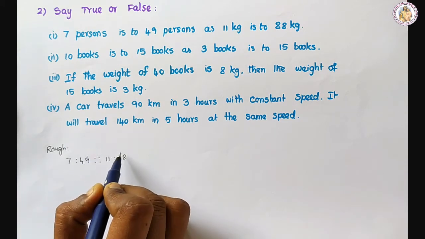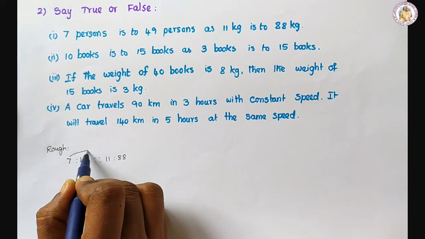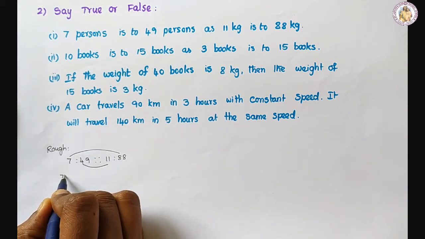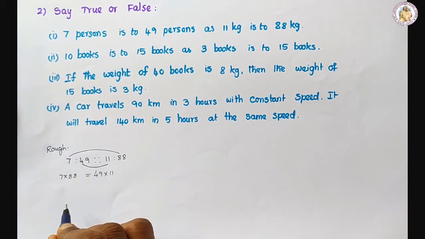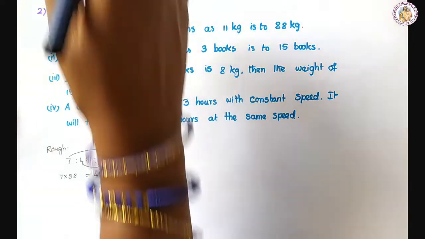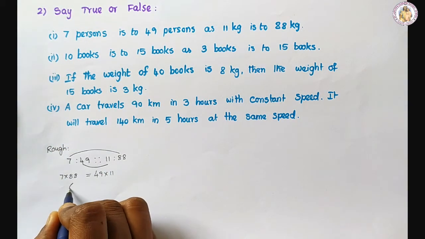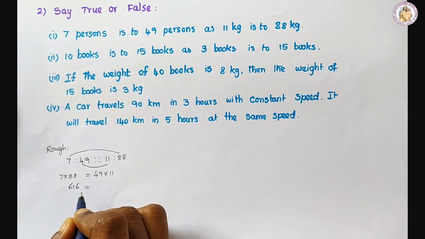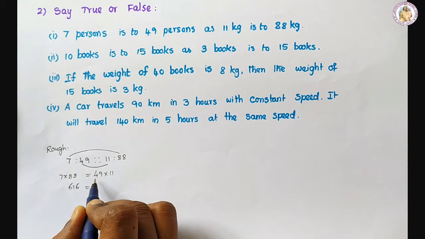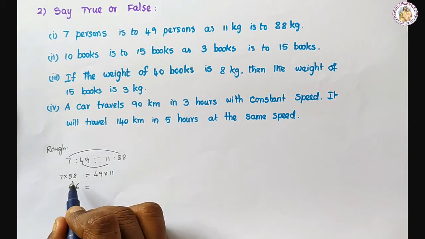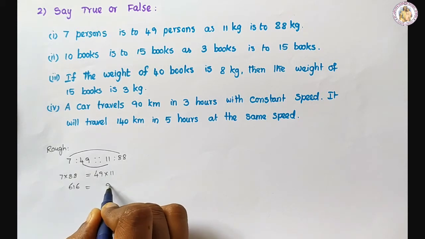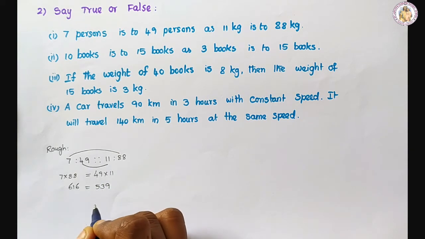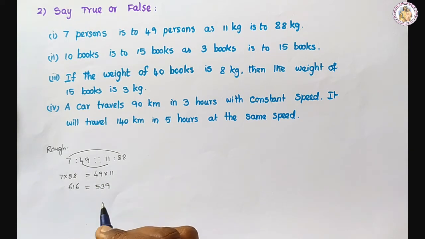Product of extremes equals product of means. 7 into 88 equals 49 into 11. 7 into 88 is 616. 49 into 11 is 539. That is not equal. So that is false.